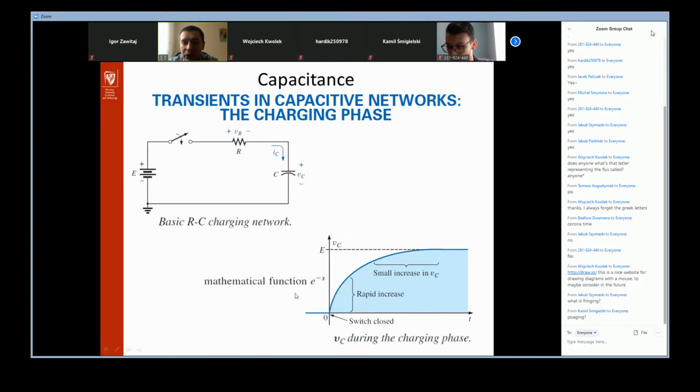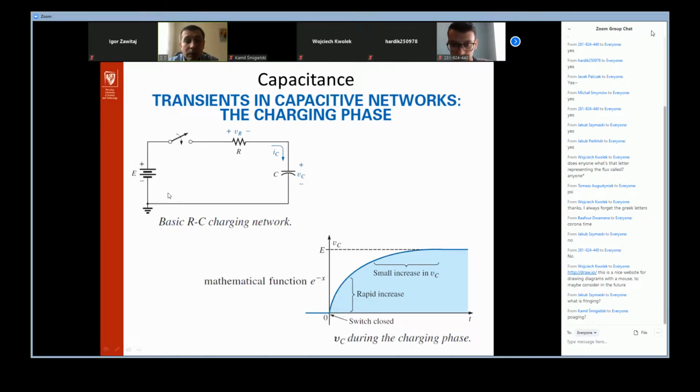I put it here on the right side, in the picture. It looks like that. It's going from 0 to the maximum value. Why do we get that situation?